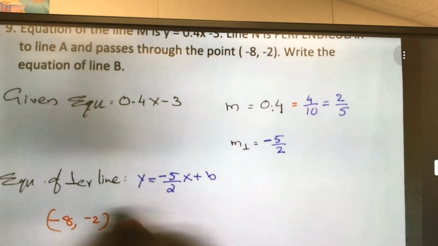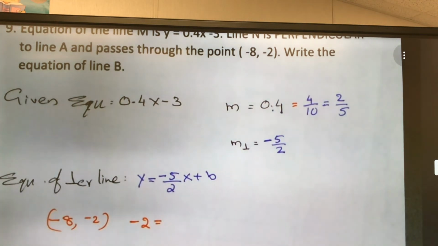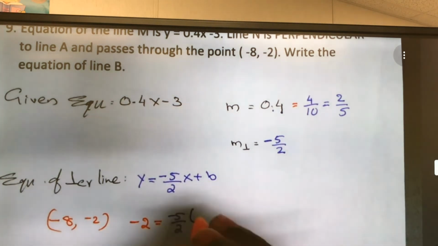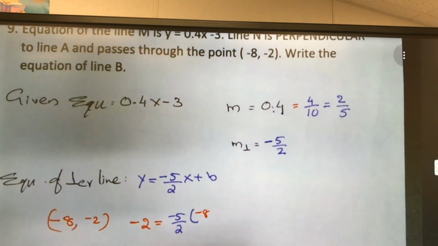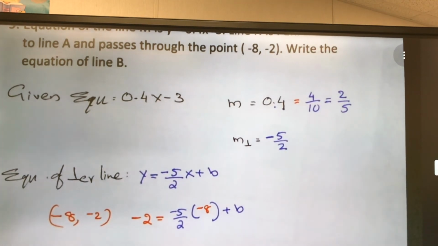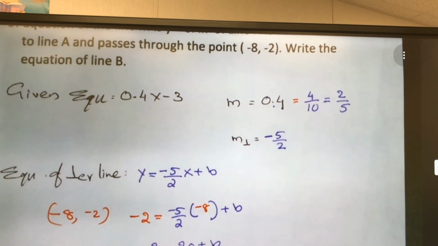So negative 2 is equal to negative 5 over 2 times negative 8 plus b. I can simplify: negative 5 times negative 8 is positive 40, divided by 2 is 20, plus b on the right side, negative 2. Subtract 20 from both sides to solve for b. b is equal to negative 22.